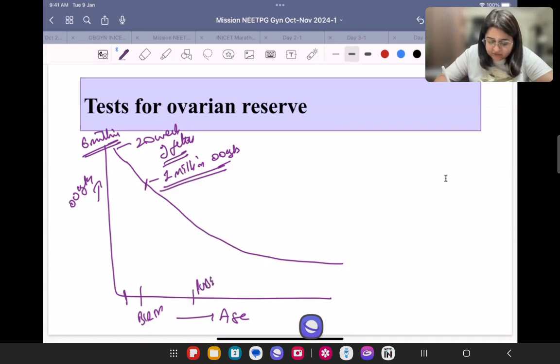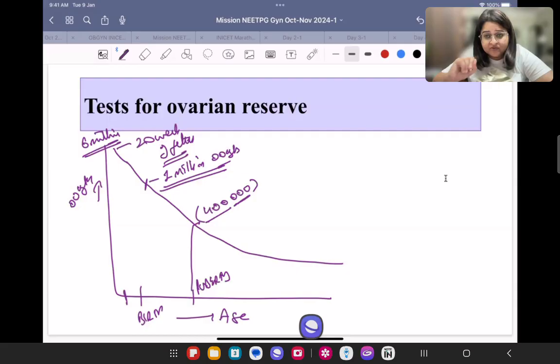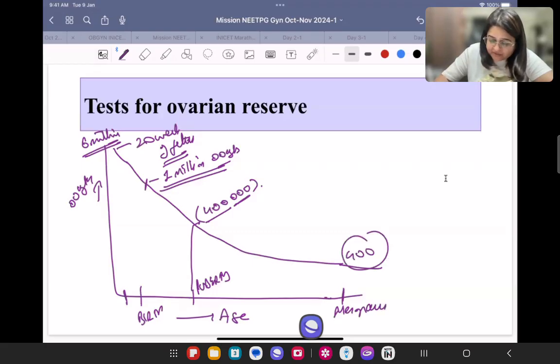At puberty, when she's around 12, 13 years old, she has approximately 400,000, that is 4 lakhs, oocytes. Then when she reaches menopause, she is left with around 400 oocytes.